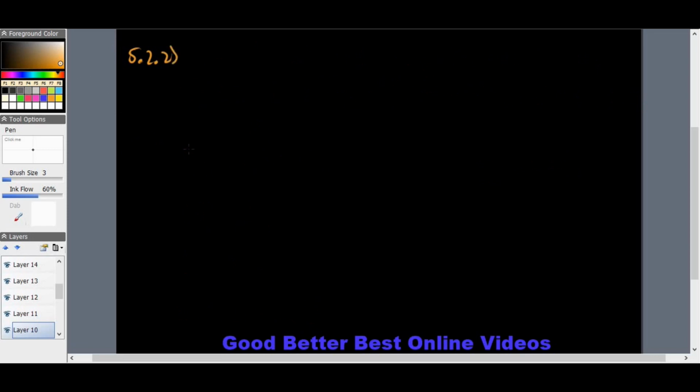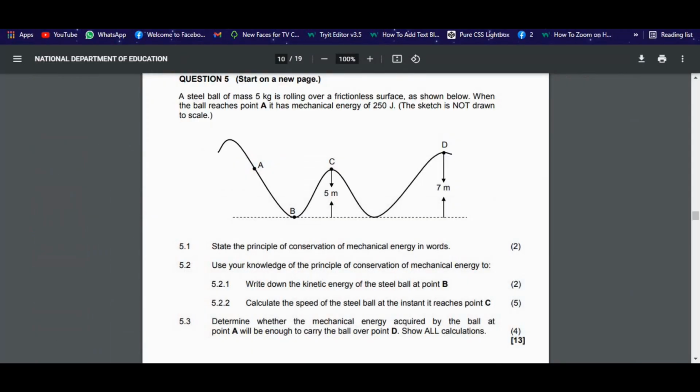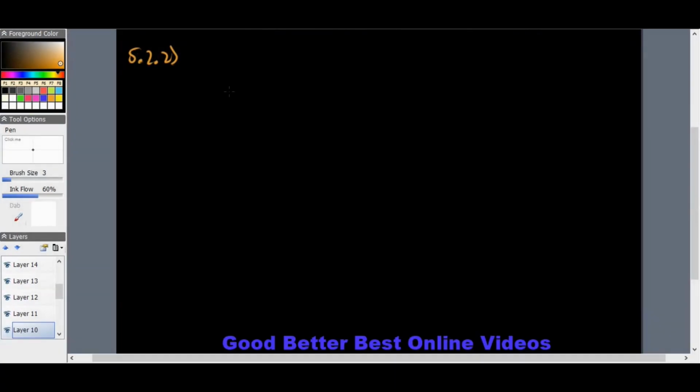5.2.2, I think, asked for the velocity or the speed of the steel ball at the instant it reaches point C, which is 5 meters above the ground. Now the conservation of mechanical energy does come into play.